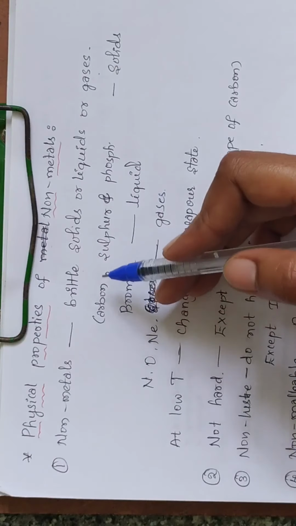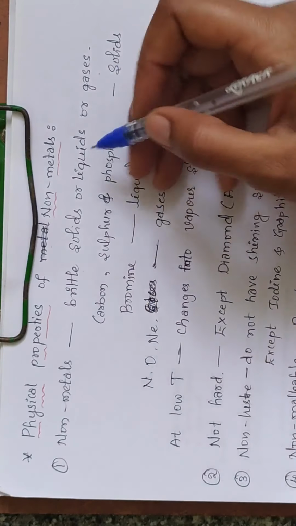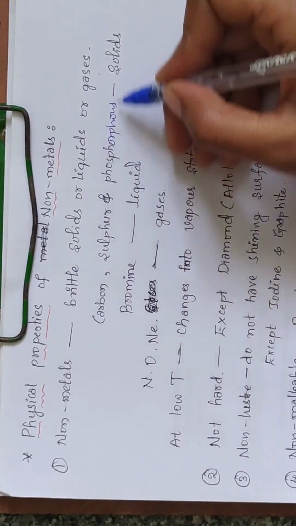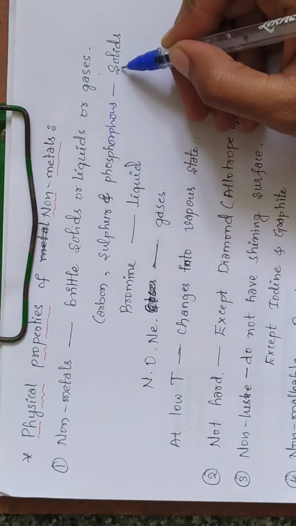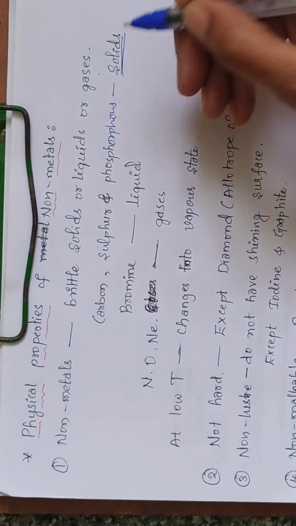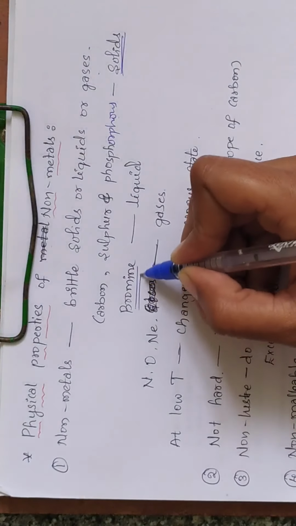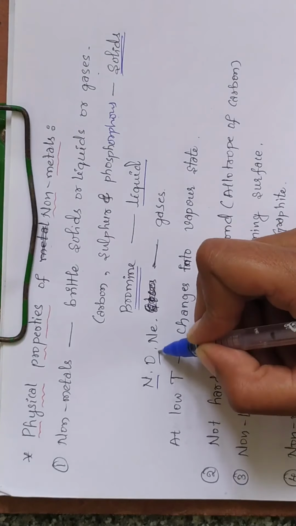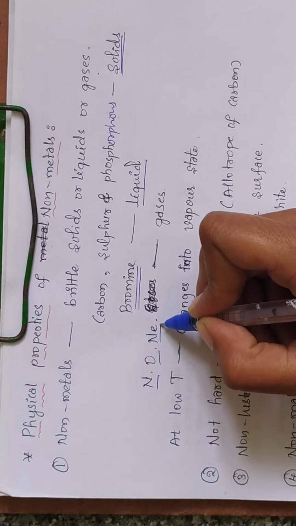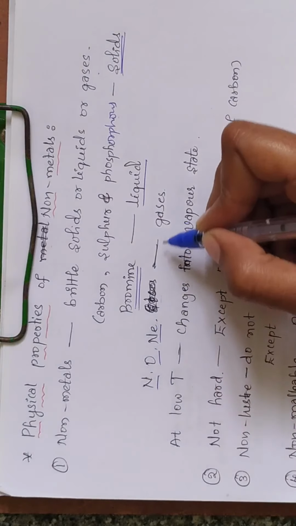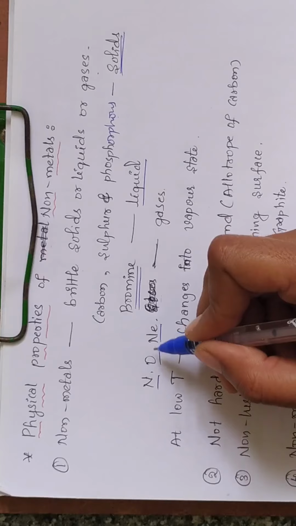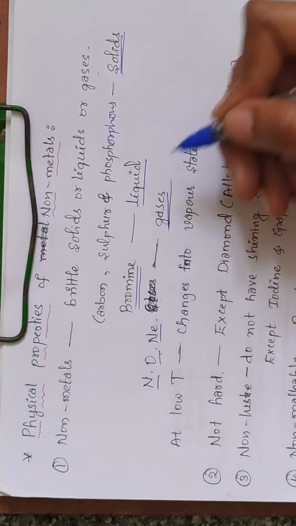Carbon, sulfur and phosphorus are examples of non-metals which exist in the solid state, whereas bromine is a non-metal which exists in the liquid state. Nitrogen, oxygen, neon and fluorine are all non-metals, and they are examples of non-metals which exist in the gaseous state.